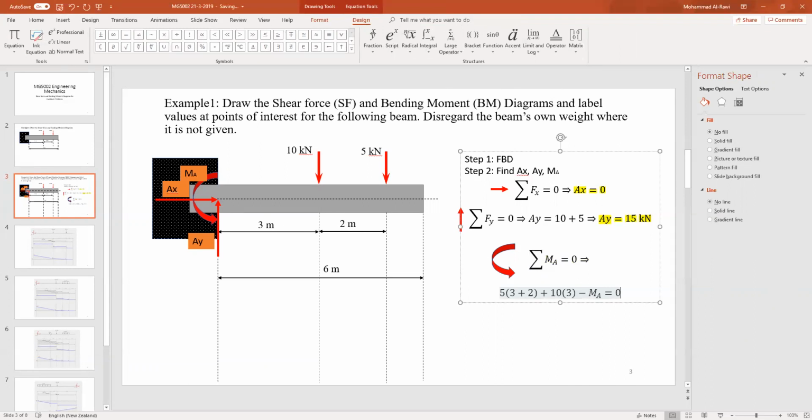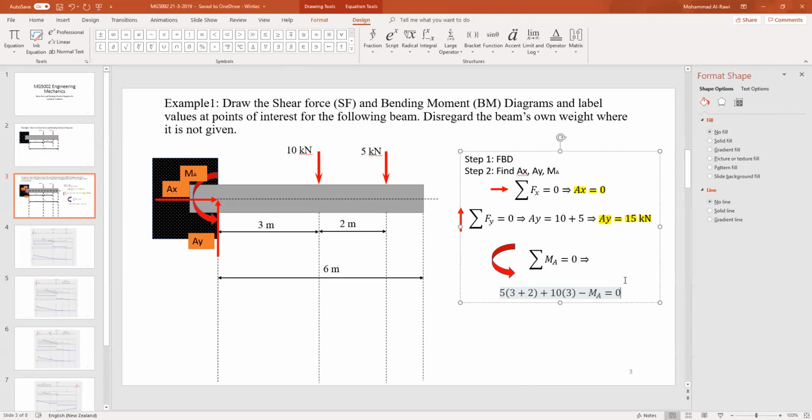Now, if you perform this using any normal calculator, you can find the values you're trying to find. So 5 times 5 is 25, plus 30, then the answer is 55.